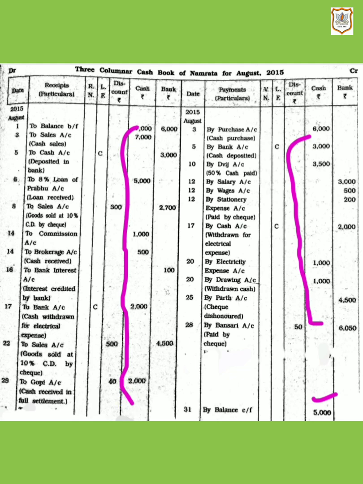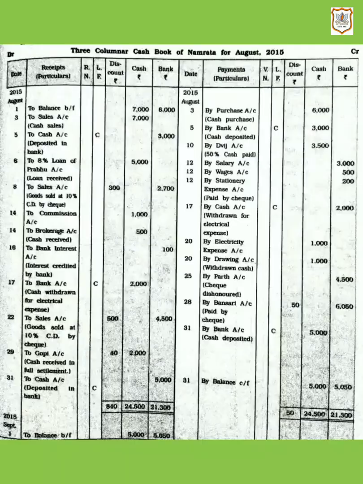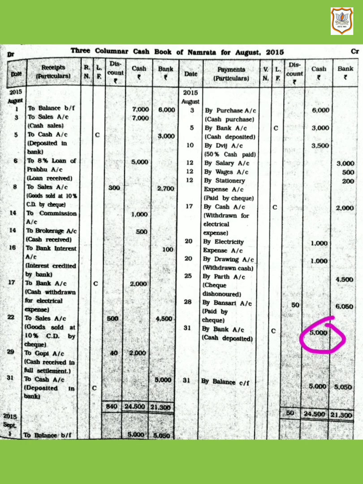So here the total receipt of the cash column is 24,500, and if you deduct total payment in the cash column and the closing cash balance, that is 5,000, you will get 5,000 as the remaining amount which is deposited in the bank. So here we will record 5,000.